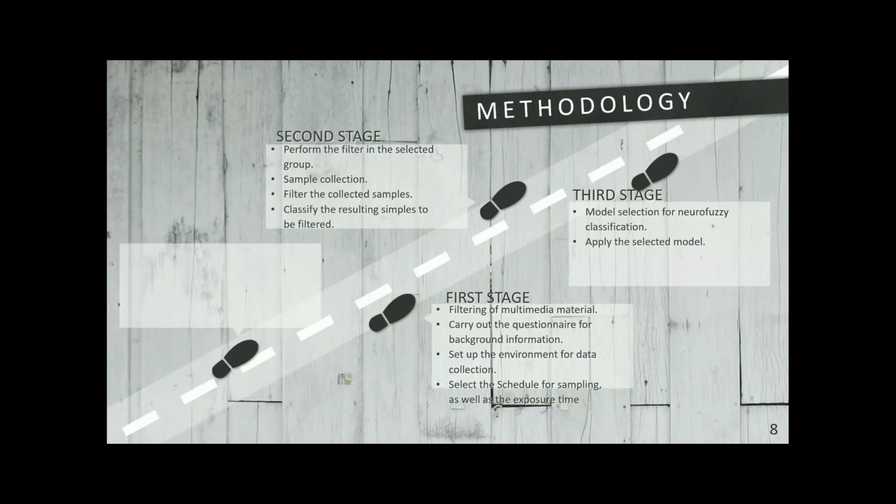After that, we have the second stage, the sample collection in the selected group. After the sample, we filter the collected samples. Why? Because we did another sample, and we have images where we can get the necessary data, so we have to filter the images.